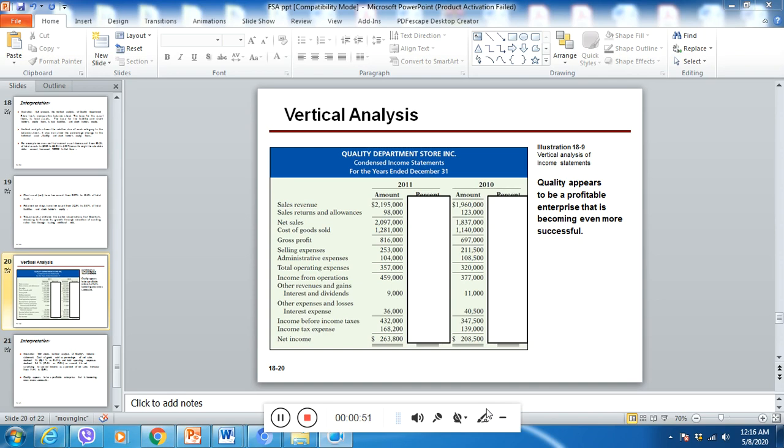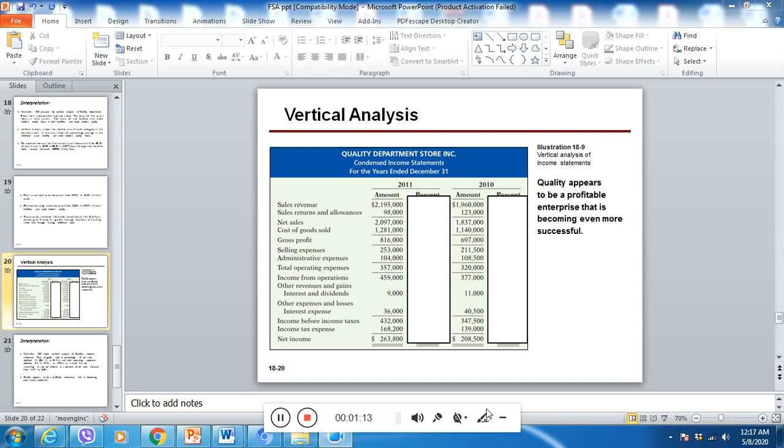Vertical analysis can be implemented upon two statements: the first one is the balance sheet and the second one is the income statement. Previously, we solved a question under vertical analysis of the balance sheet. Today, we will conduct vertical analysis on the income statement.